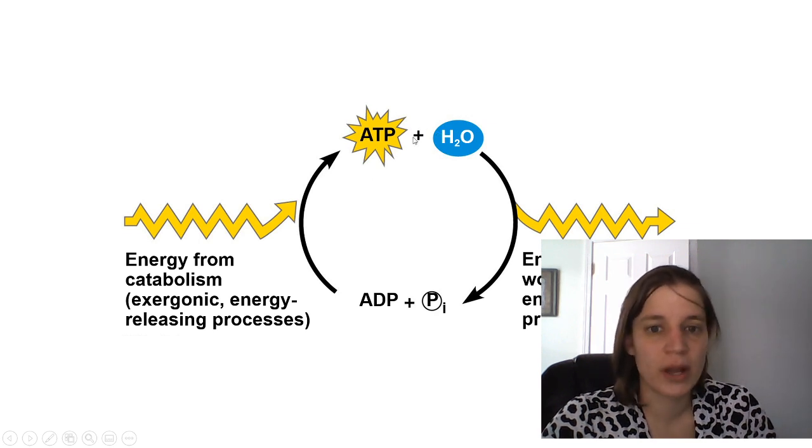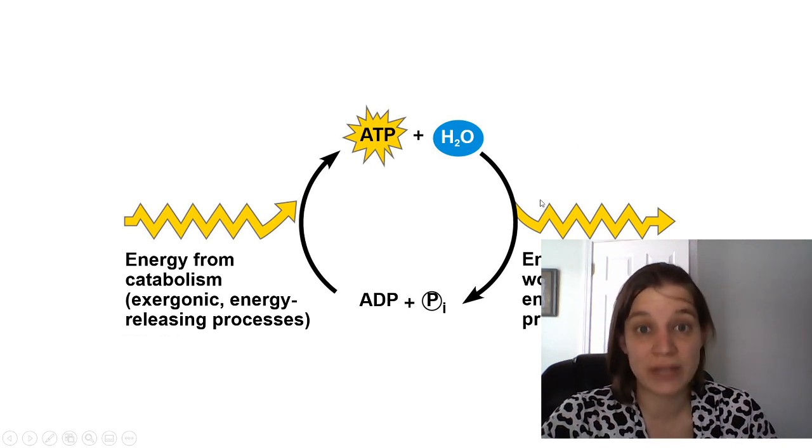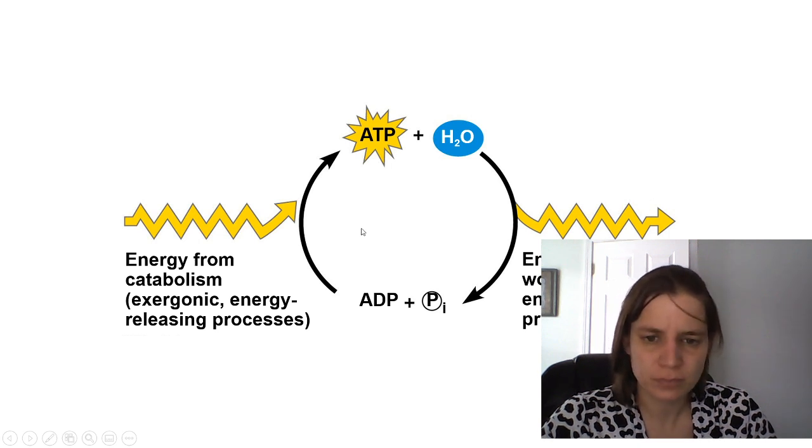In the presence of water, it can be broken down into ADP and inorganic phosphate, right? As you break it into these two components, you give off energy, and this energy is typically used to drive cellular processes. It's harnessed. Then you have all this ADP and inorganic phosphate.